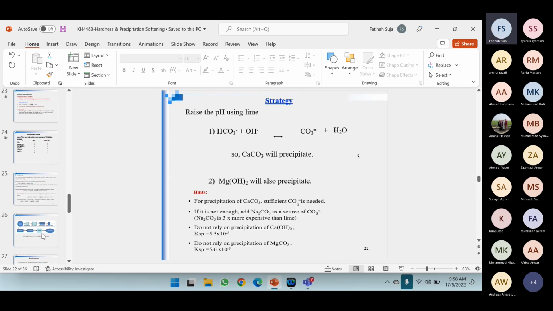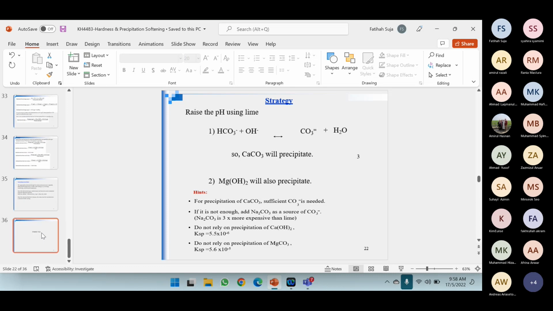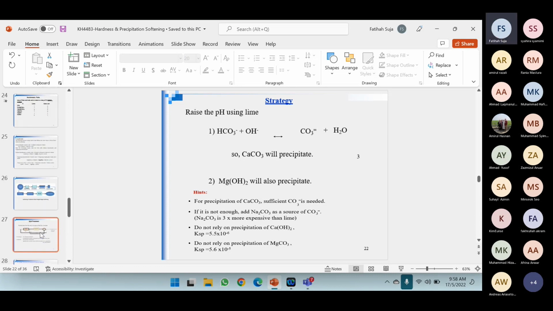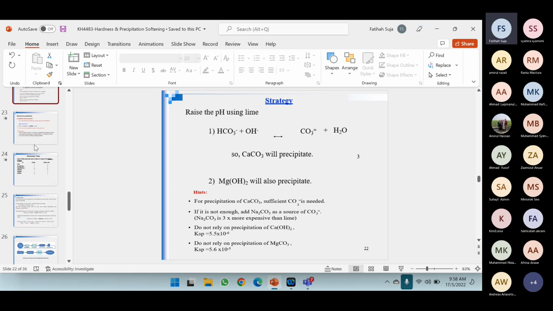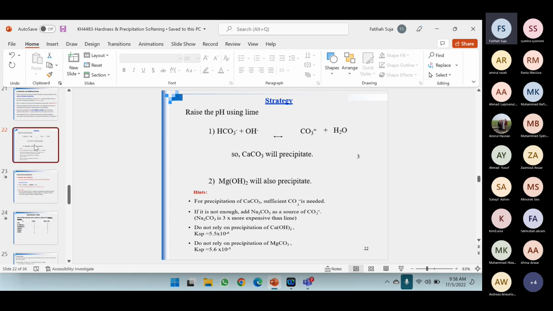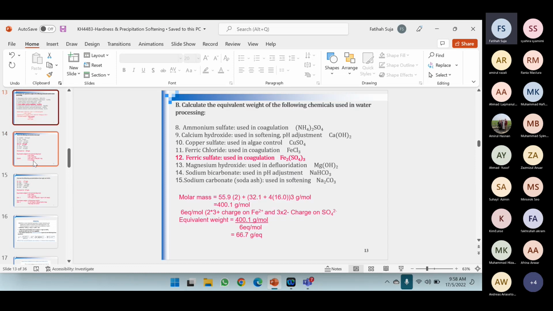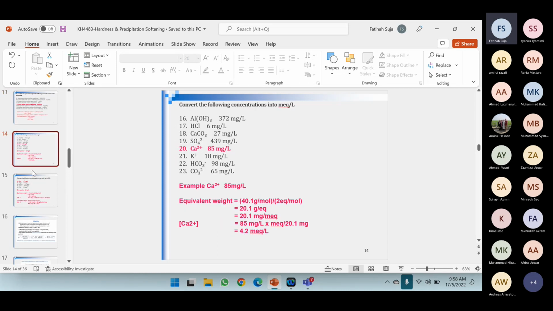We have another part of this softening process, the precipitation. So I think I'm going to combine this with your next week part. So your quiz will only be on this part. Because you have class at 10, right? I remember last time you have class at 10.